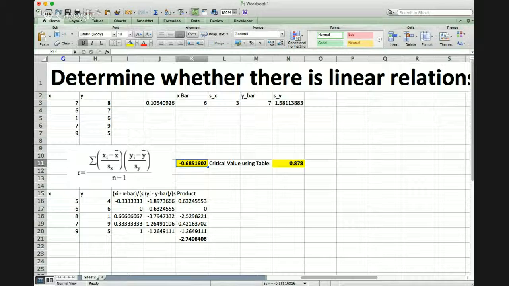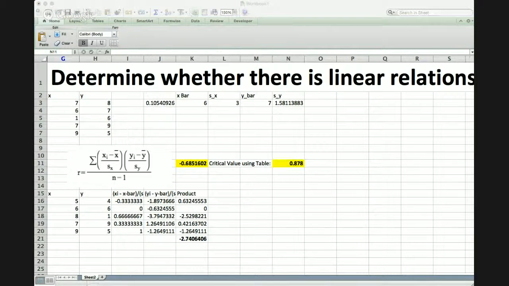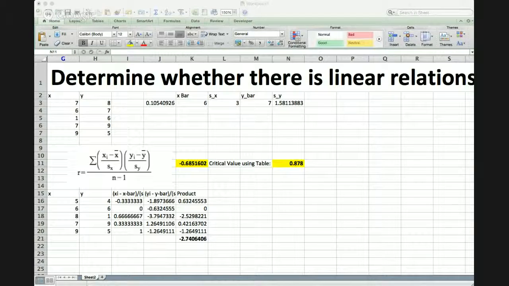We already did that. So we have negative 0.685 and the critical value 0.878 still, because our n value is still the same. The correlation coefficient is actually negative, and the absolute value is 0.685.